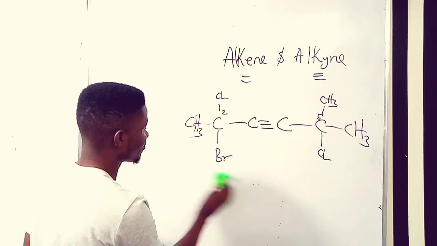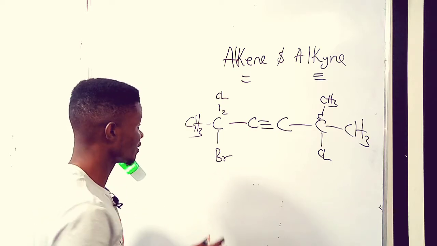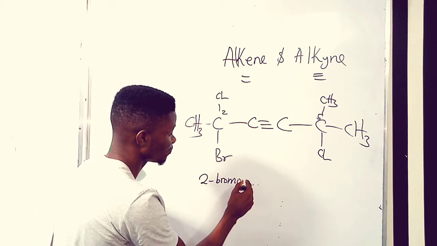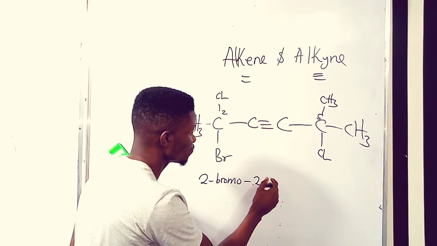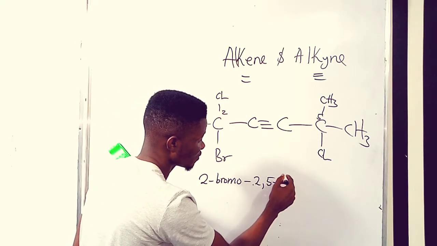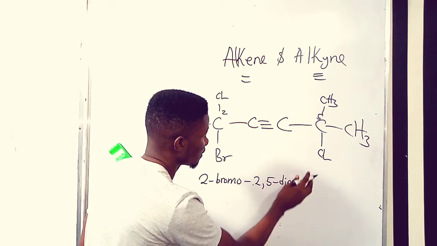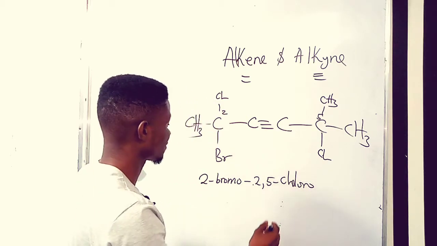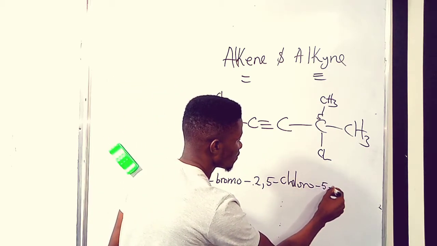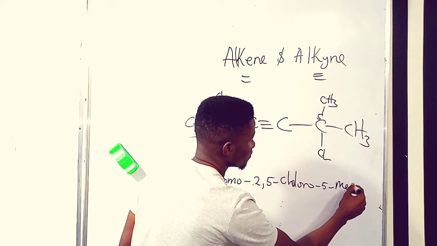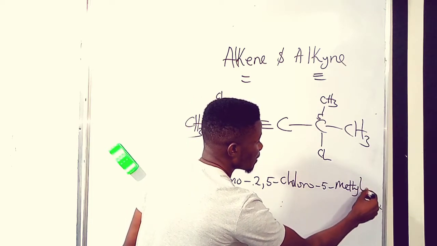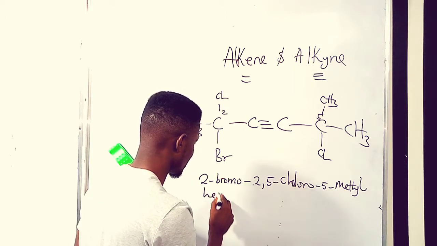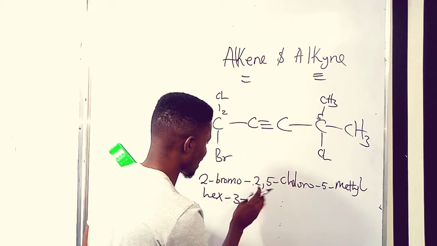All right, naming in alphabetical order because we have the bromine here, so this will be 2-bromo, 2,5-dichloro, 5-methyl, hex-3-yne.